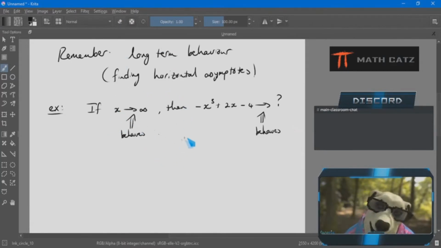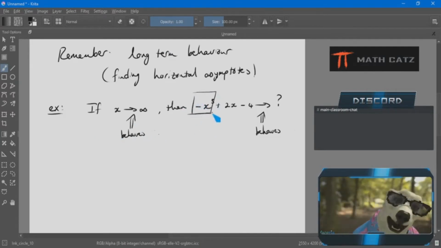Now, we've identified that if it's a polynomial, we can simply look at the leading term and say, well, this polynomial behaves like its leading term, which is a much simpler function. It's a transformation of one of our basic functions. We can easily figure it out, and we can therefore answer this question without doing much at all.